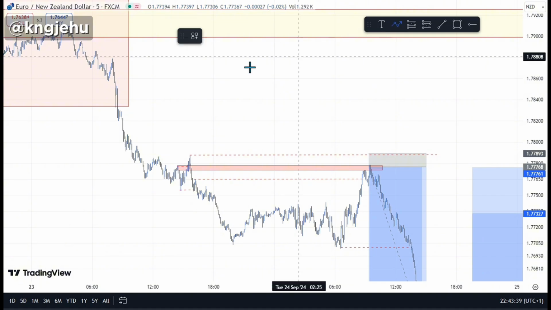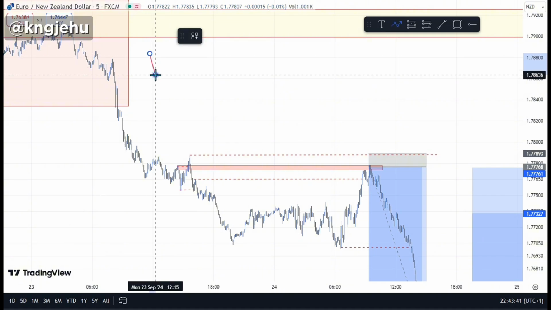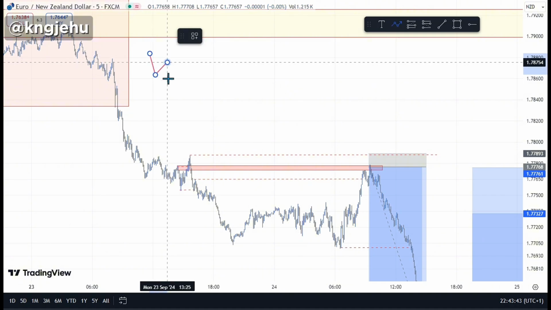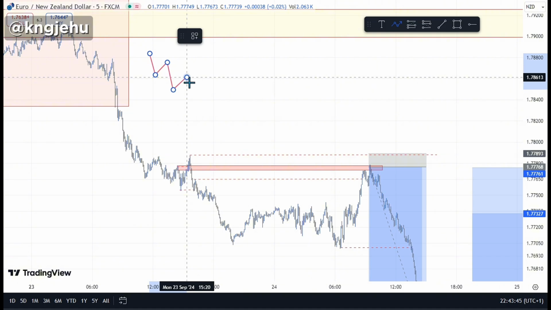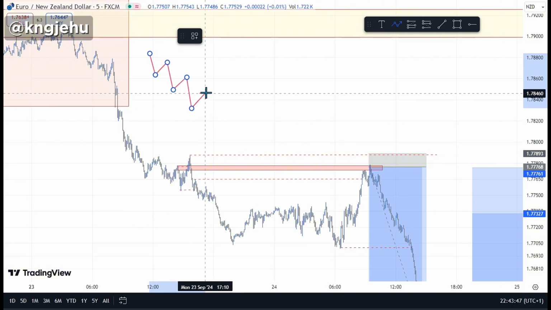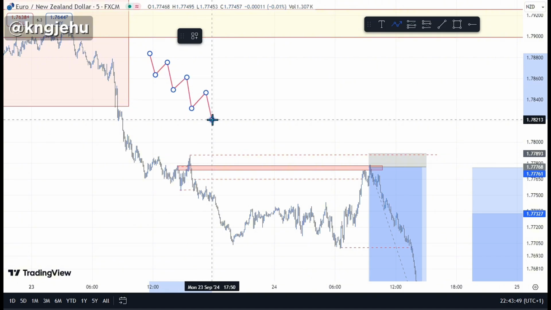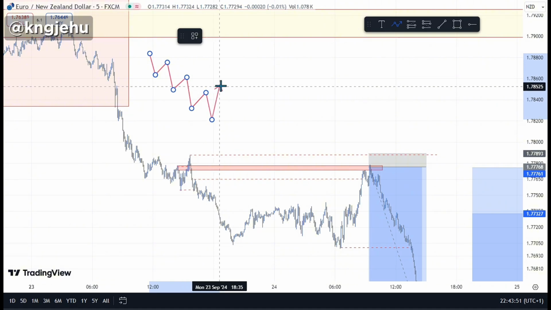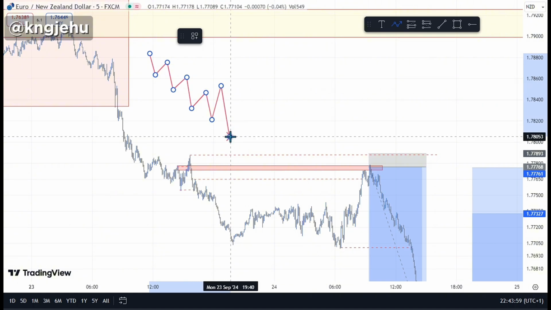When we're in a bearish environment, what we have is lower highs, lower lows, lower highs, lower lows, lower highs, lower low. The moment we have one of these lower highs that is swept, which is obviously supposed to be a change of character, but this time around it comes and breaks structure, which means it is a continuation of the trend and not a change of character.